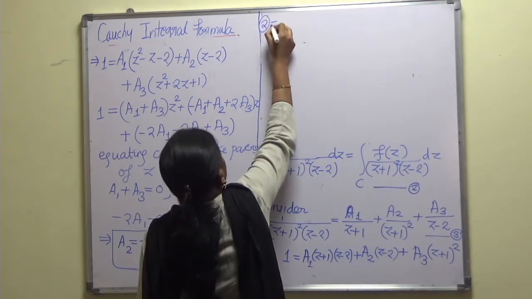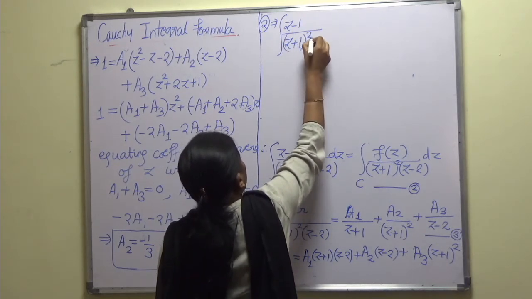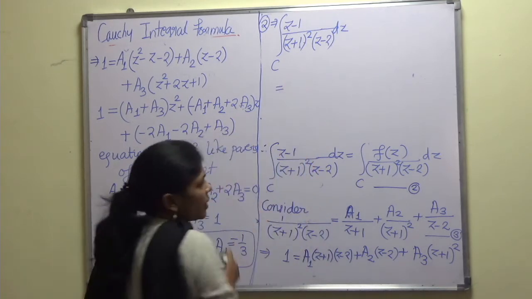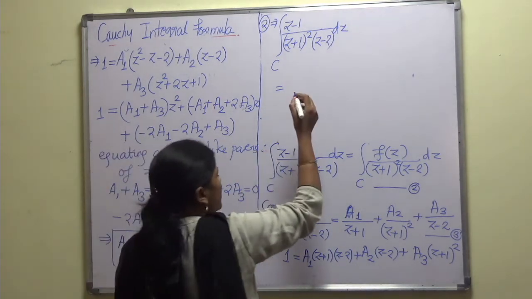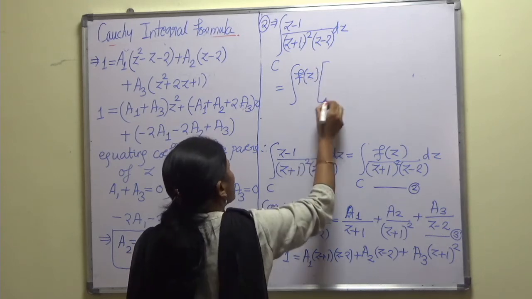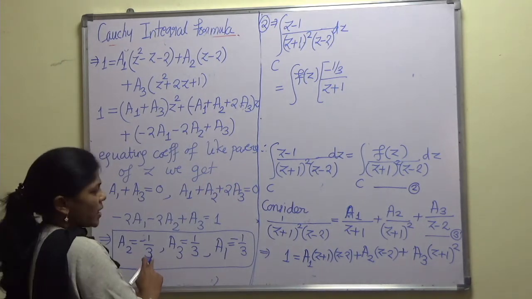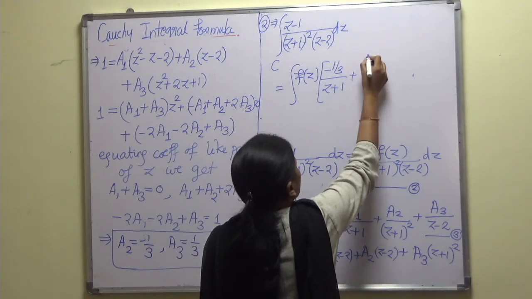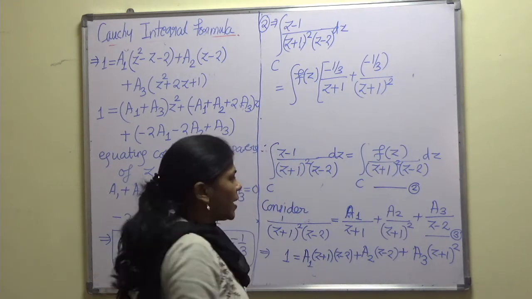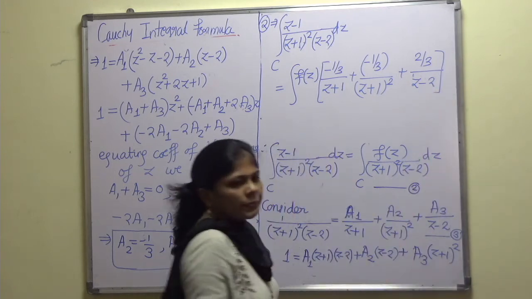So equation 2 implies integration of z minus 1 upon z plus 1 whole square into z minus 2 is equal to integration of, now we will put the values, minus 1 by 3 upon z plus 1, a2 is again minus 1 by 3, so plus minus 1 by 3 upon z plus 1 whole square, then a3 is 2 by 3 upon z minus 2, right.